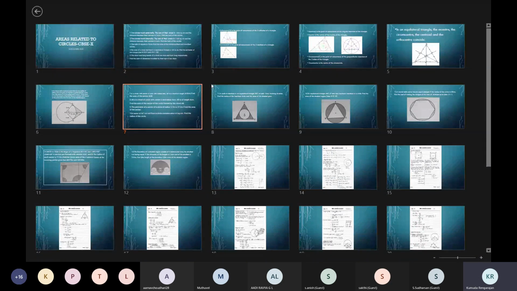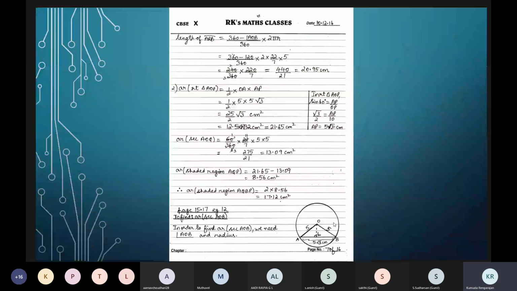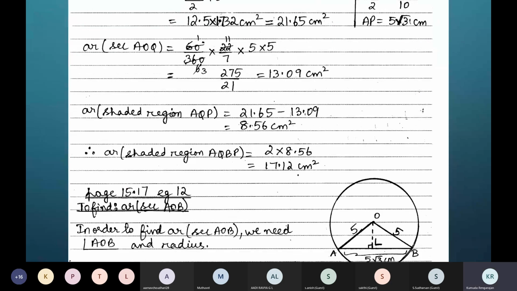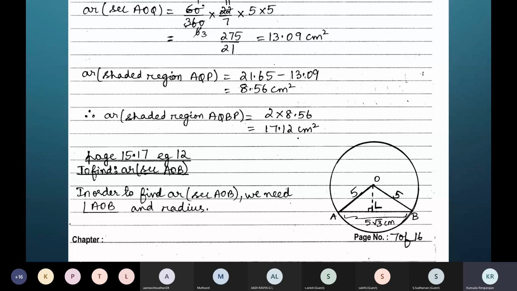So looks like you have some problem in finishing. You see it here? Degree. Sector angle is 60, huh? Yes. Somewhat right, but incorrect.